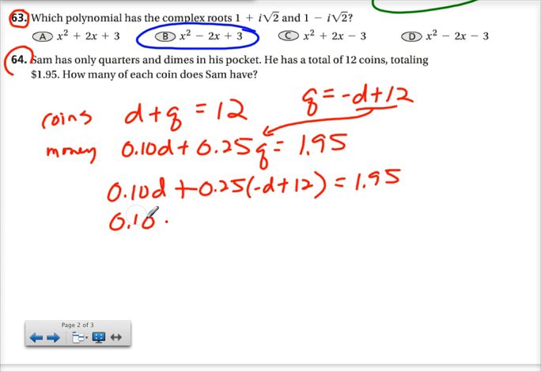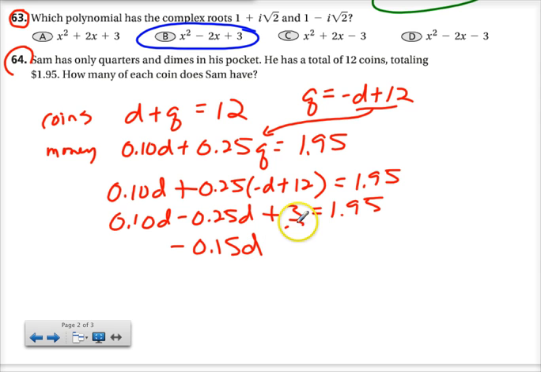So 0.10d minus, because we have a positive 0.25 and a negative d, so minus 0.25d plus, well, 0.25 times 12 is the same thing as dividing it by 4, so that'll be $3. Put my two d's together, negative 0.15d, subtract 3 from both sides.